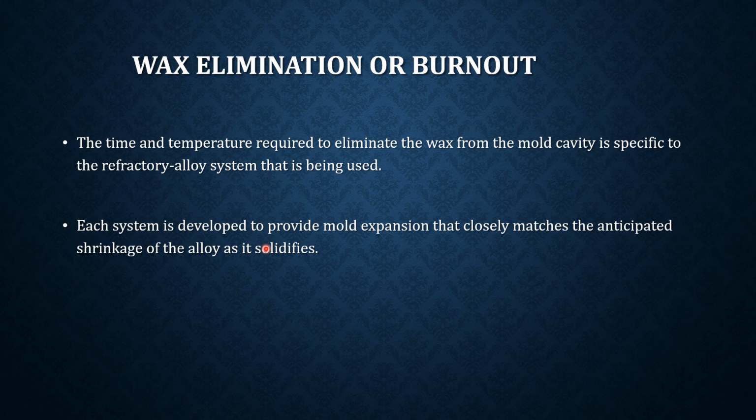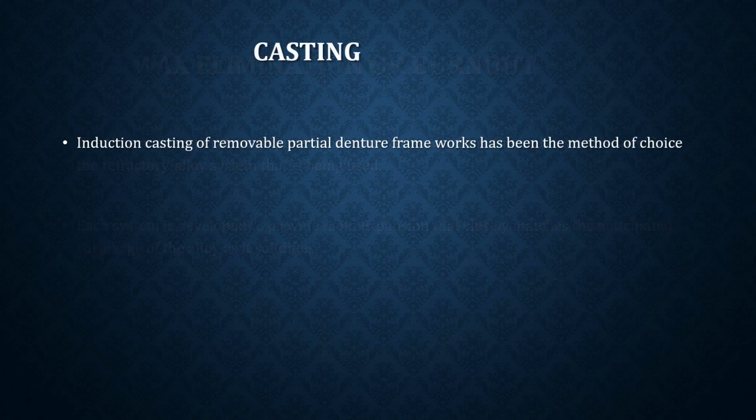Each system is developed to provide mold expansion that closely matches the anticipated shrinkage of the alloy as it solidifies. So the expansion and shrinkage equalize, and it compensates for the loss. As it solidifies, things are mostly in place. If there's a problem here, then come the casting defects, guys.